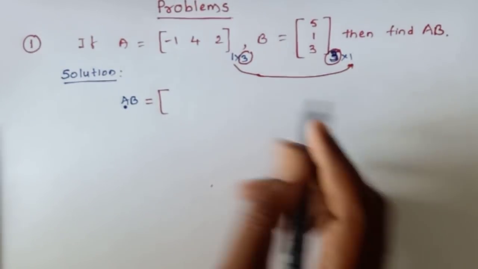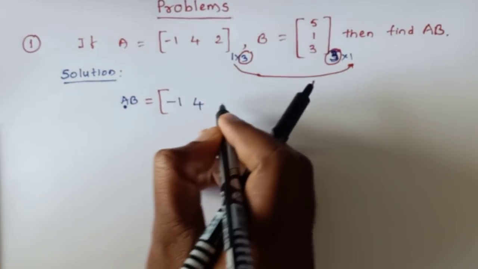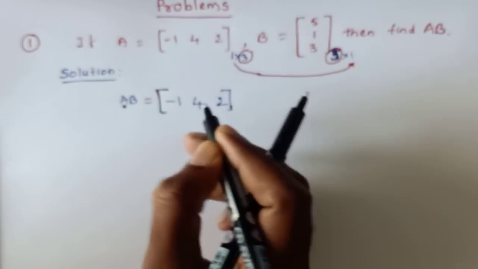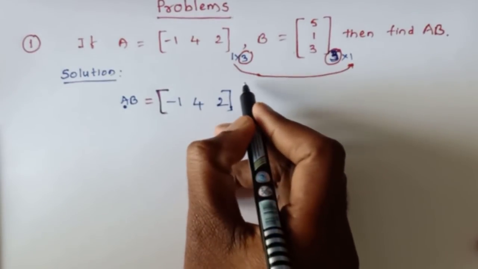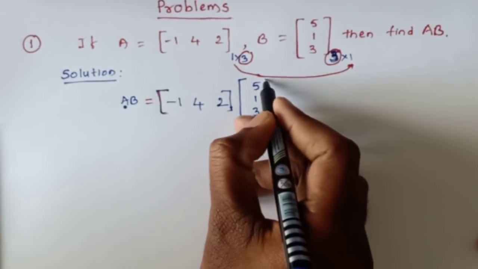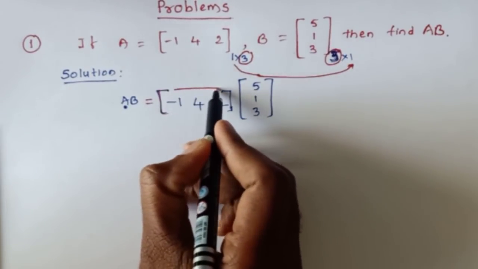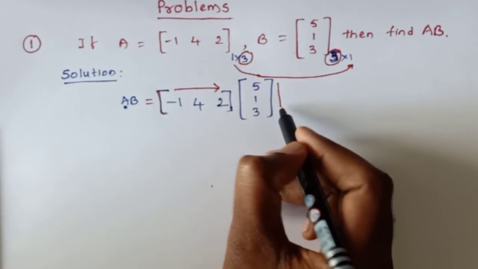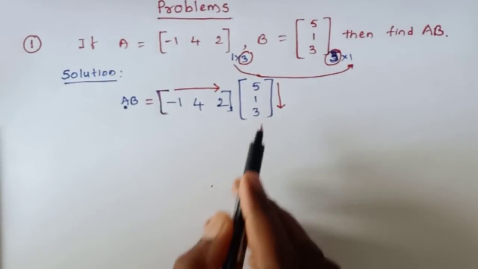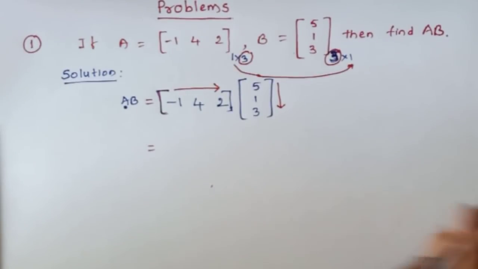Here the elements of A are -1, 4, 2, into B, which is 5, 1, 3. You need to multiply the row elements with the corresponding column elements of the second matrix.